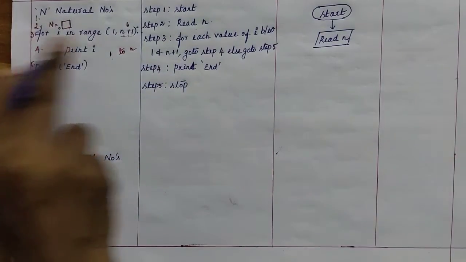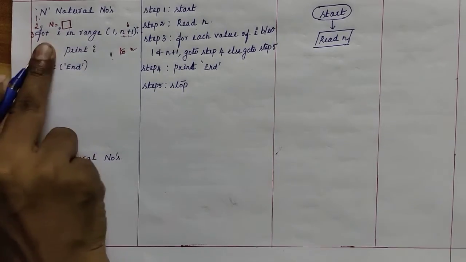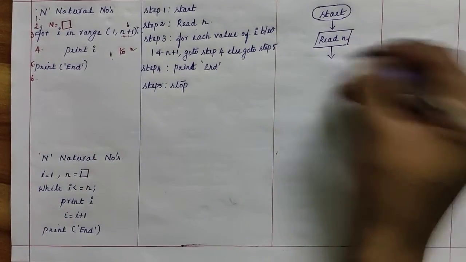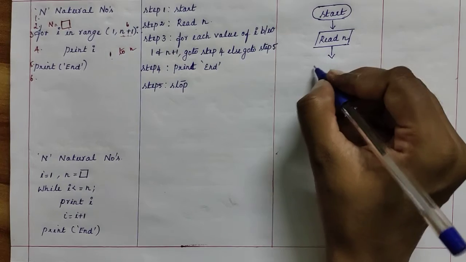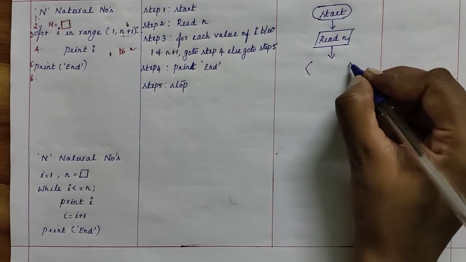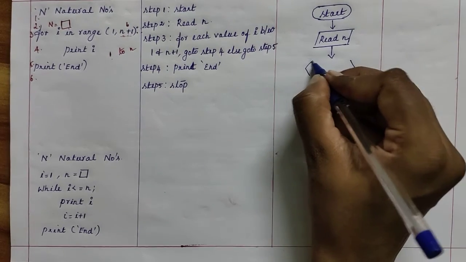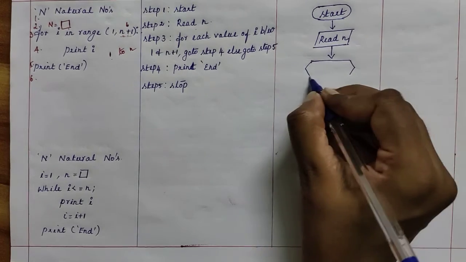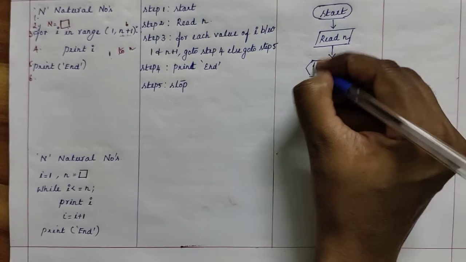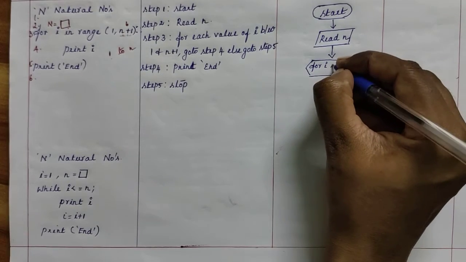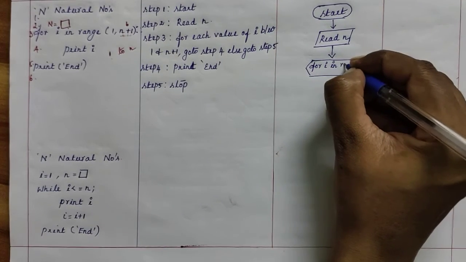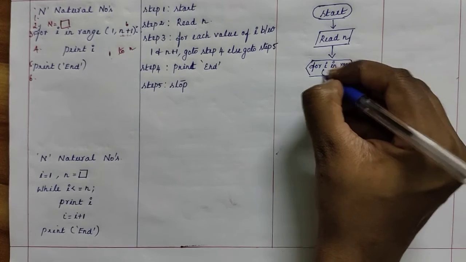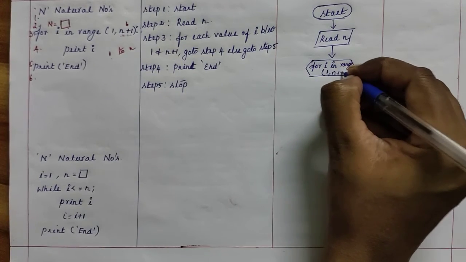Next you have to draw a symbol for this for loop. For iterative statements we use a symbol like this. And I am writing the for loop: for i in range of 1 comma n plus 1.